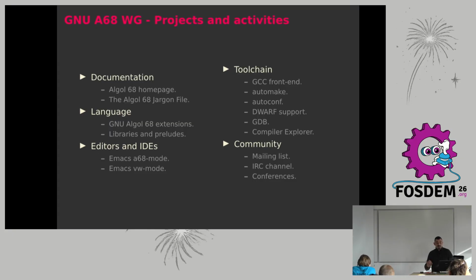We have an Emacs mode with my amazing color codes there, by default an Emacs mode for editing two-level grammars. Don't get scared about that. You don't have to do that. And then we have the toolchain, the GCC frontend, but also the support in the Autotools, in Automake, Autoconf. We had to do some DejaGnu stuff as well. GDB is work in progress. We are starting it right now. We have support in Compiler Explorer, thanks to Mark here. And we have a community.